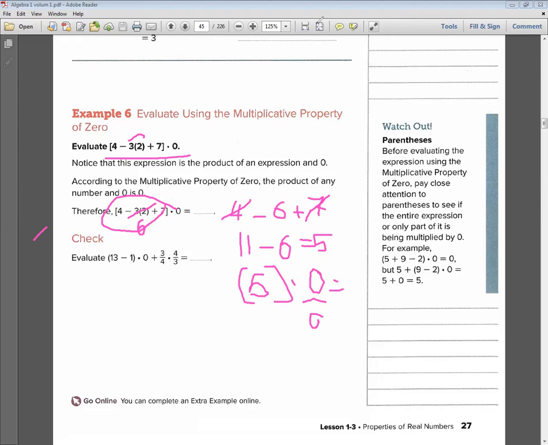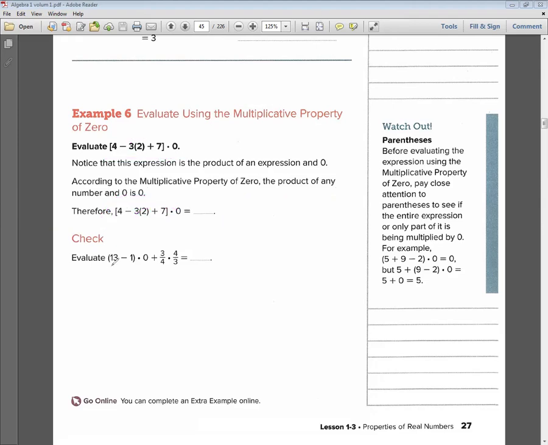In the new problem, we have it here: 13 minus 1 bracket multiplied by 0, plus 3 over 4 multiplied by 4 over 3. It's a very beautiful problem here. I love this part, in fact.